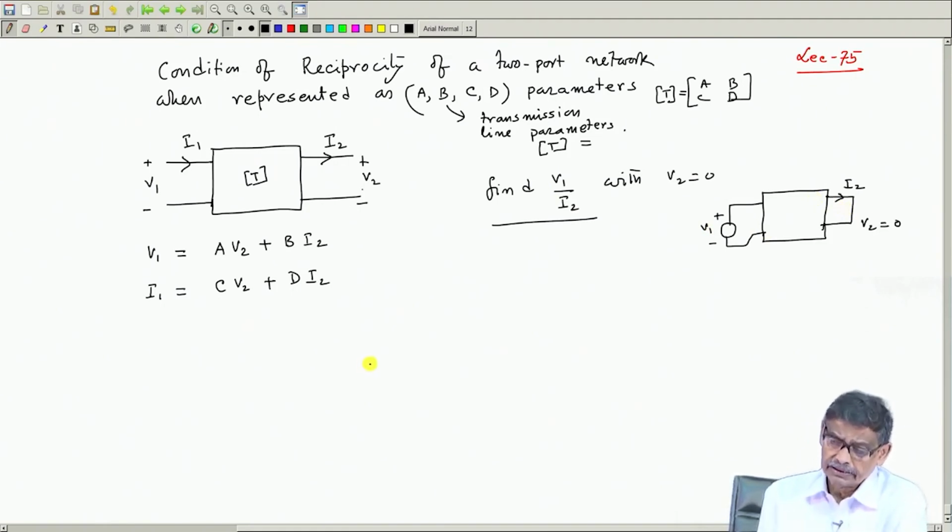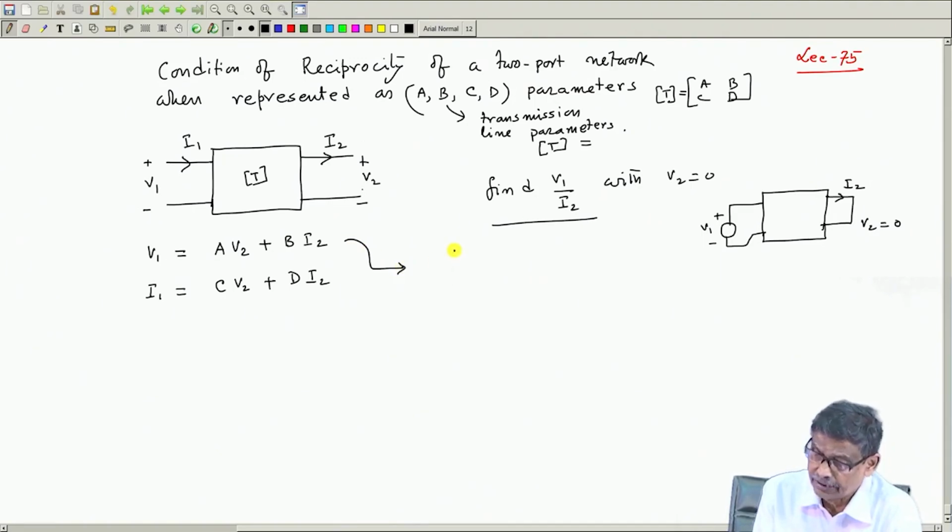How can I find it out? From the first equation, V1 is equal to A V2, which is 0, plus B I2.